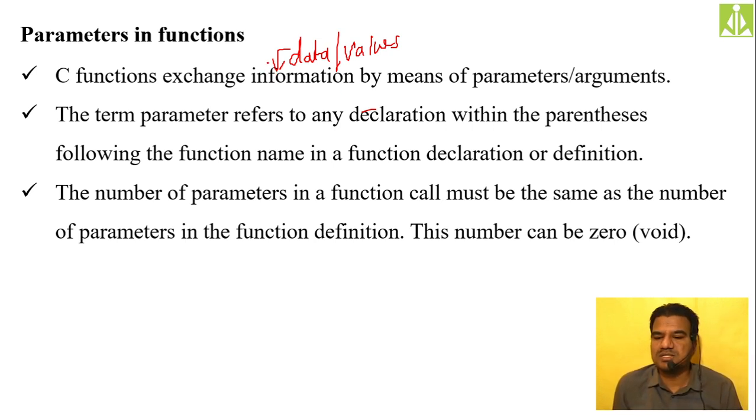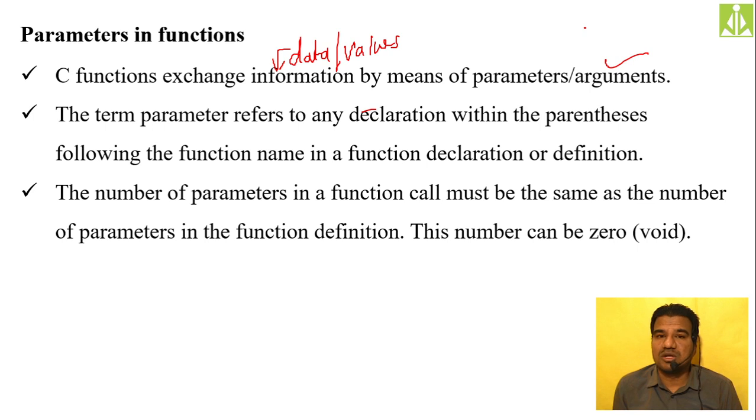Arguments is just another synonym for parameters. If you go to other programming languages, you can see a big difference between parameters and arguments, but as far as the C language is concerned, both are the same. Parameters and arguments are just synonyms in C language.